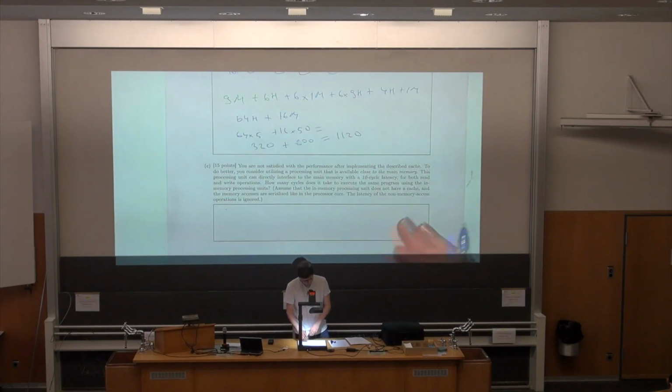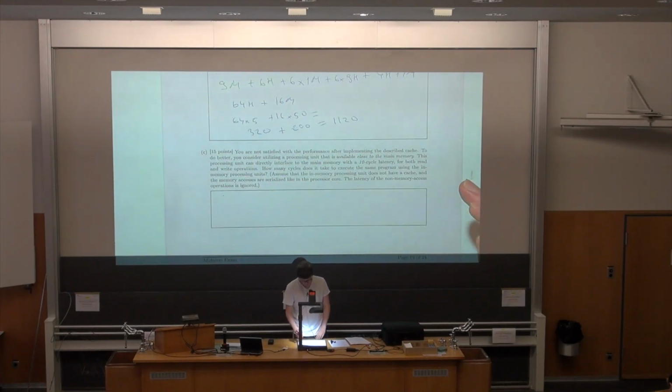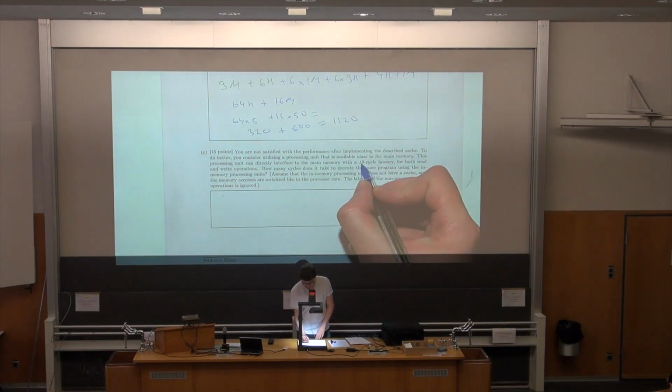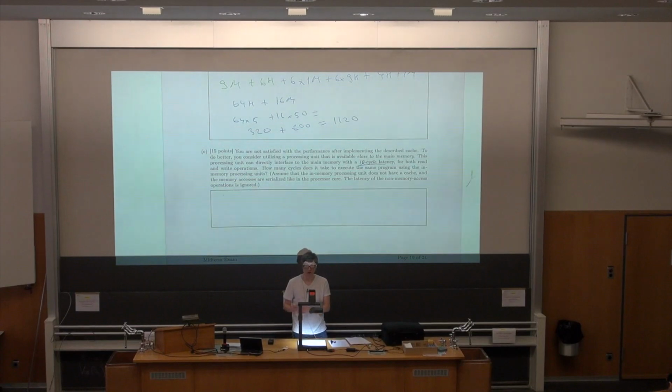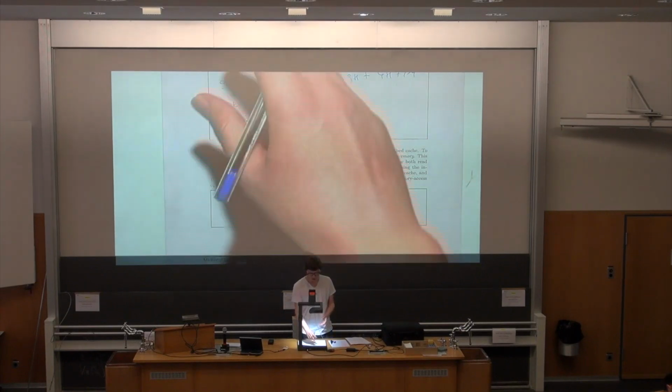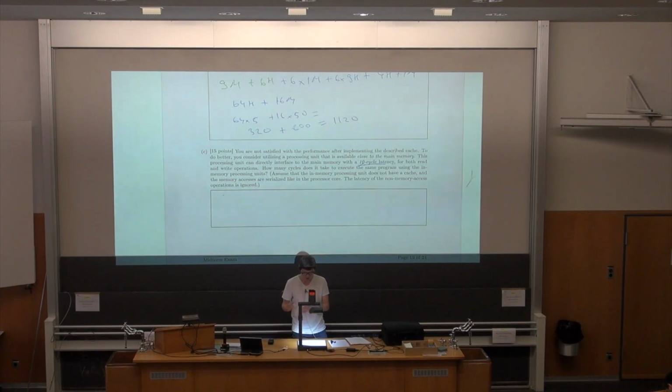So in this part, we add a processing unit to the memory, which can access the memory with 10 cycle latency, right? But here we don't have any cache. So in this part, we don't do anything with the actual processor that we defined in the previous two parts. We only have some processing logic inside the memory, which can access the memory much faster, but it doesn't have any cache.